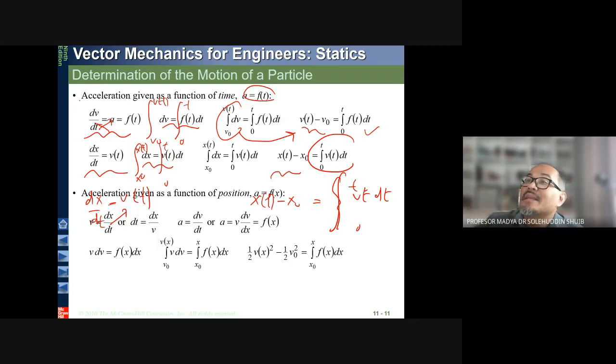This is the case for acceleration as a function of time, and this is the case for acceleration as a function of position, which is a equals f of x. Same technique for the integration. Starting with this one, cross multiply, and then we do the integration.